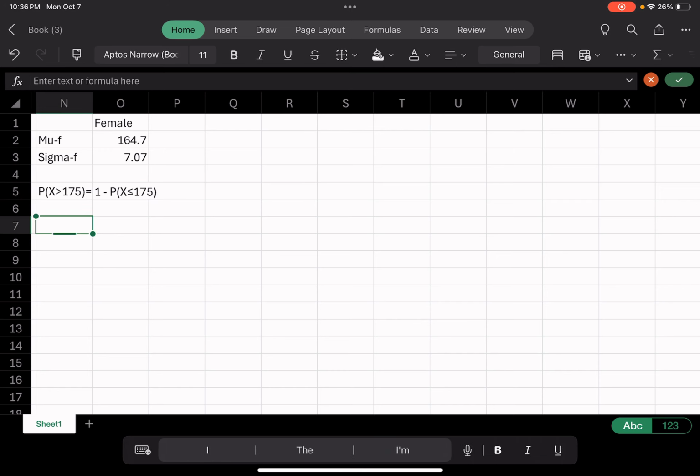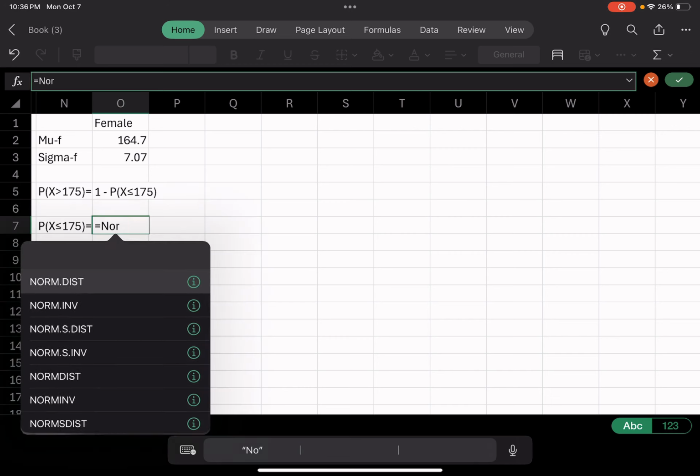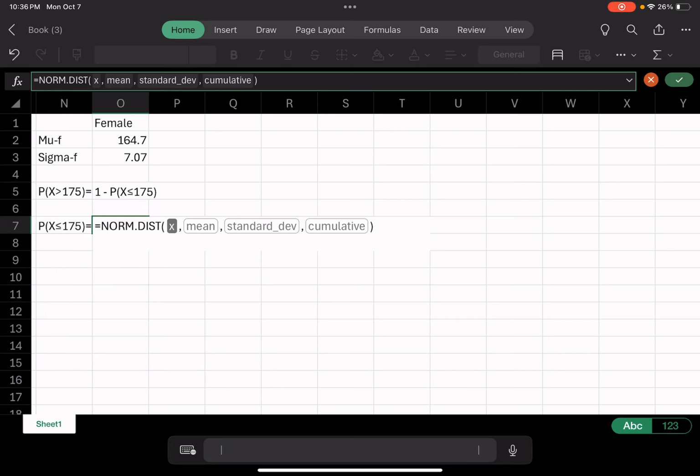Now the probability that X will be less than 175 is equal to NORM.DIST. X is 175. The mean is going to be that mean right there. The standard deviation will be that standard deviation, and the cumulative will be 1.